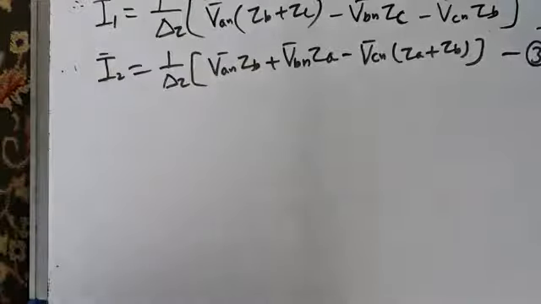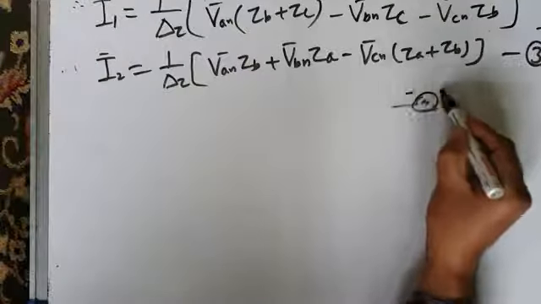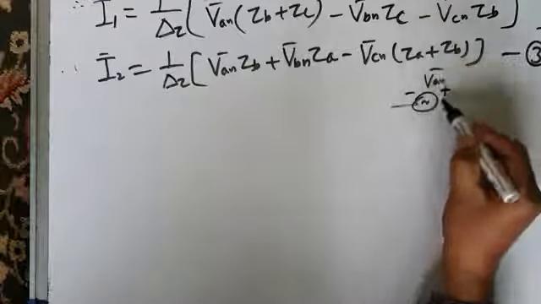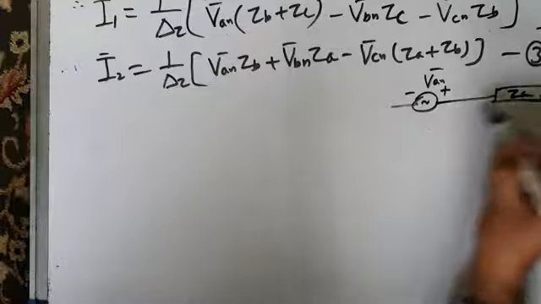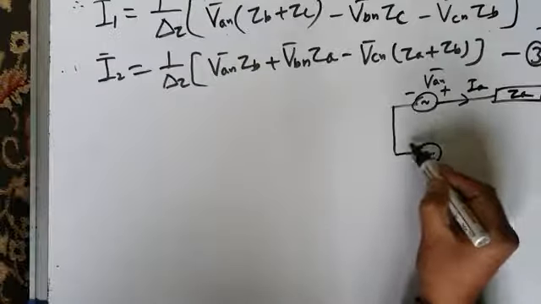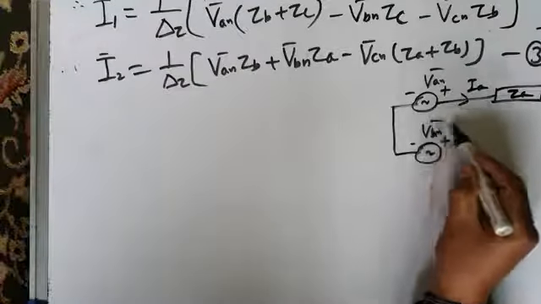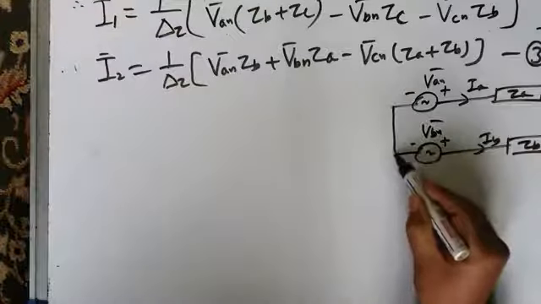And once you know the mesh currents, you can find the line currents, because if you redraw this three-phase circuit, this is ZA, this is IA, this is VBN, this is ZB, and this is IB.